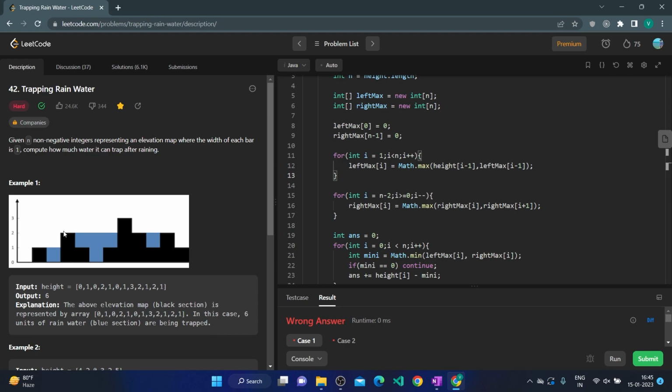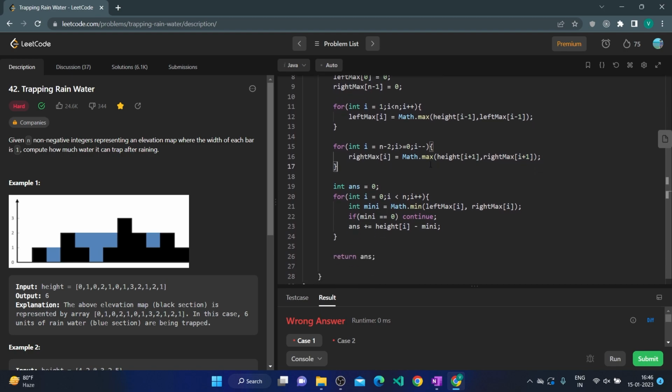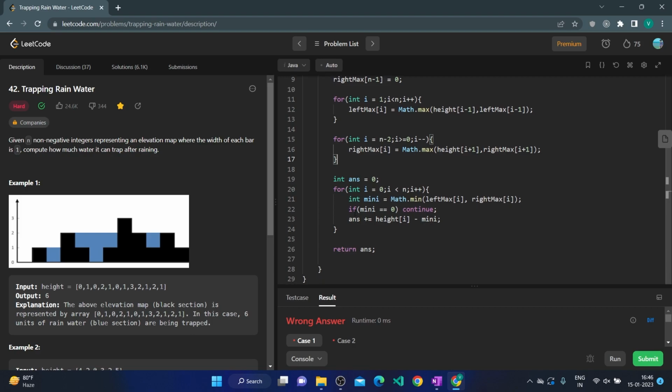Like for this particular element the left max was 1, and for this element the left max was the maximum among this part or this part, right? So similarly we'll modify this again, so it would be height of i+1, sorry, here it would be i+1. Okay, and right max of i+1, great.